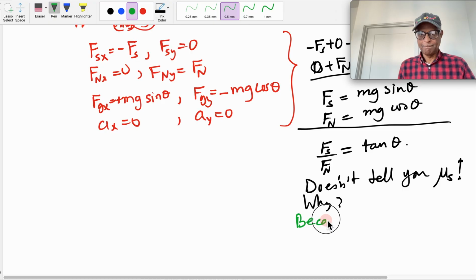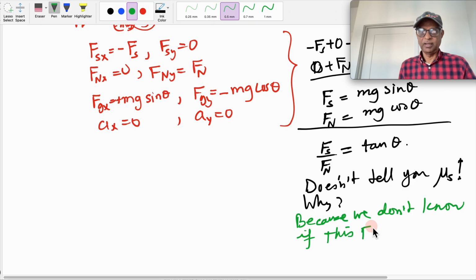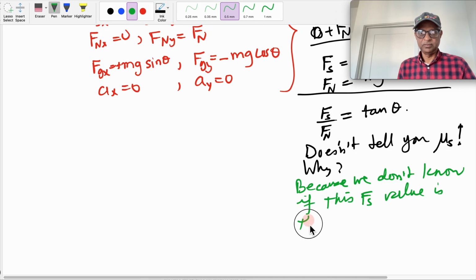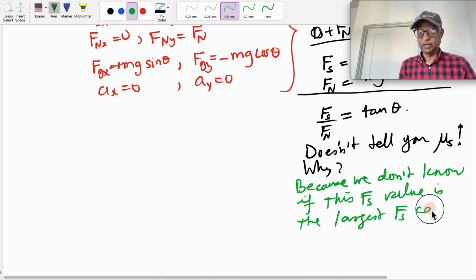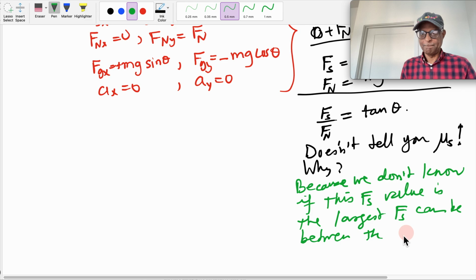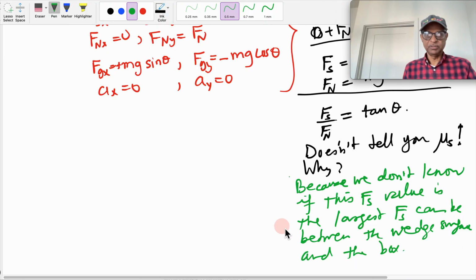Because we don't know if this fs value is the largest. Fs can be anywhere in between, between the wedge surface and the box. That's why we don't know.